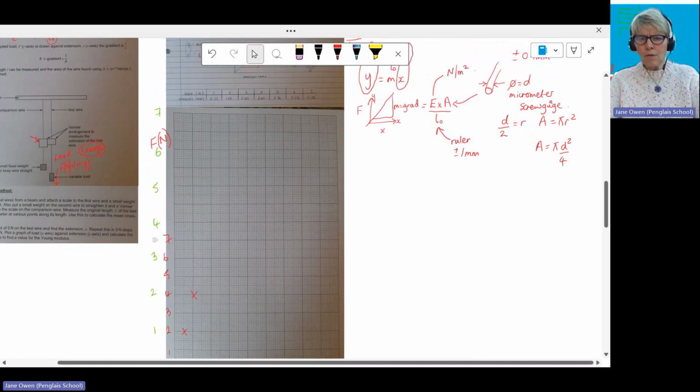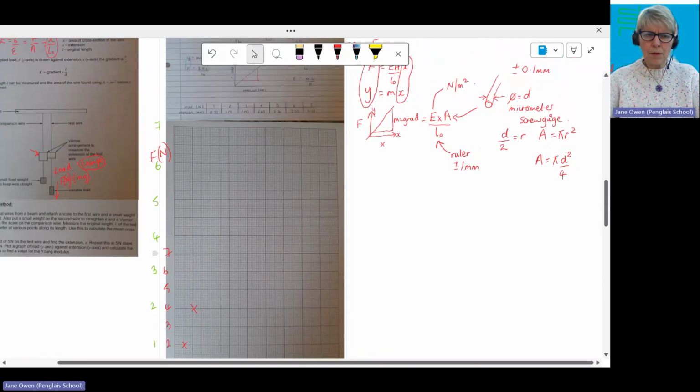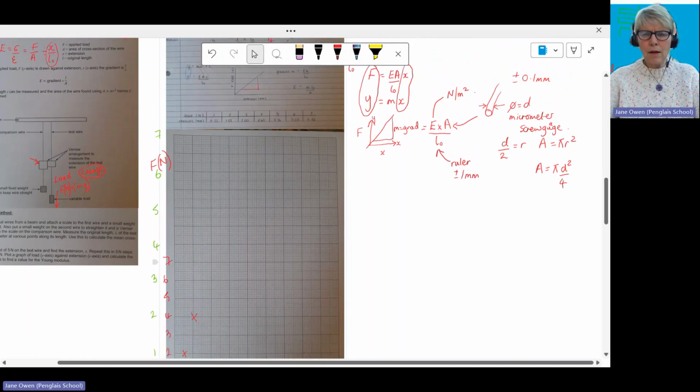So you can see where this is going. I'm worried that maybe there's something off, it should be a straight line.